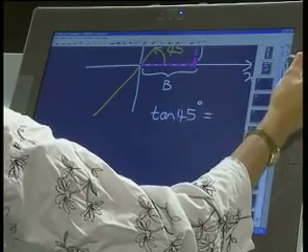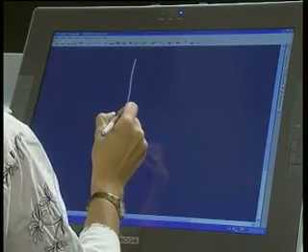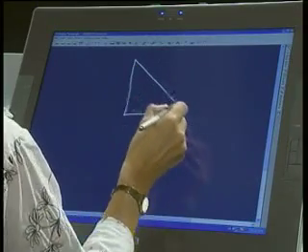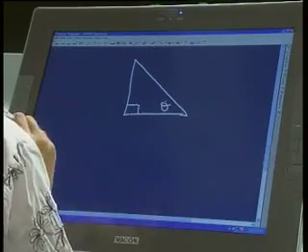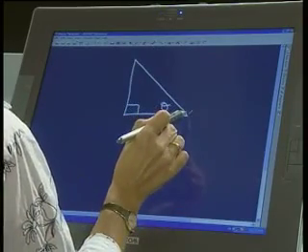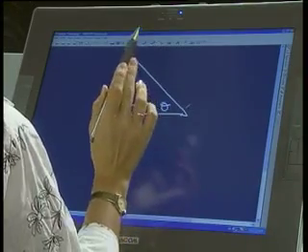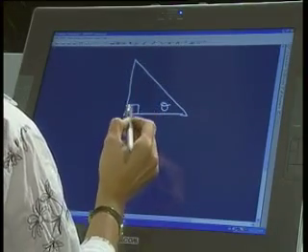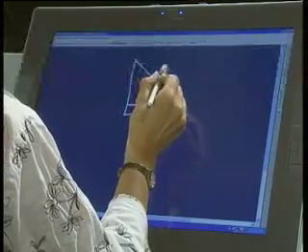I'm going to draw this triangle for you, and I'm going to call this angle theta. The side that is opposite the right angle, what do we call that side? The hypotenuse. Okay, the hypotenuse.